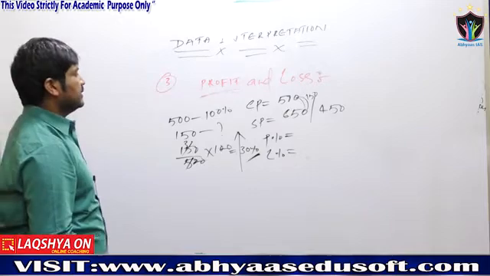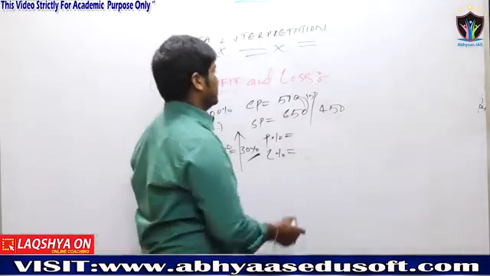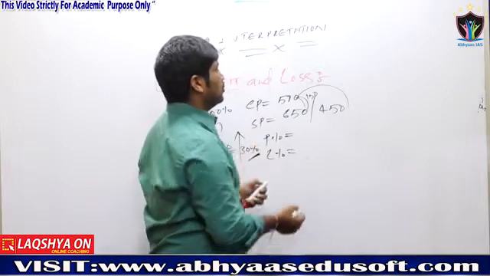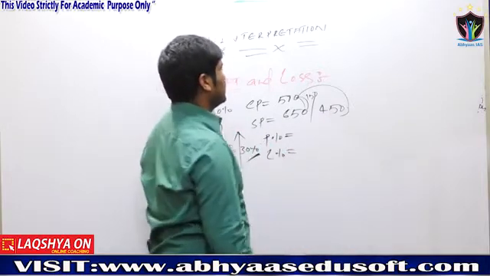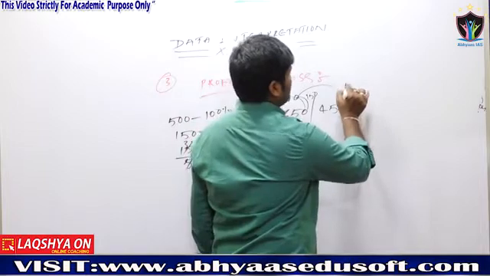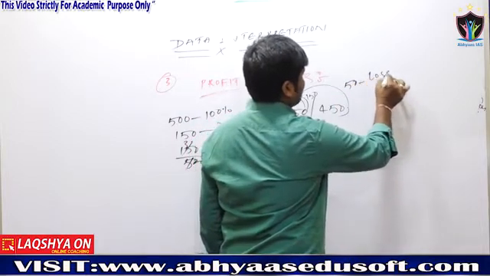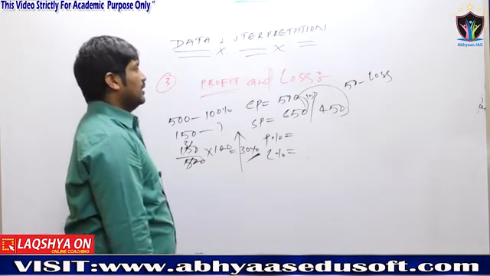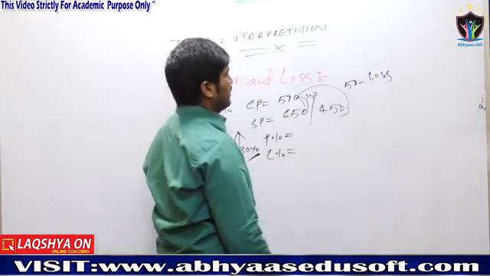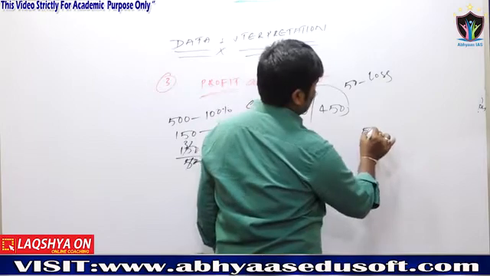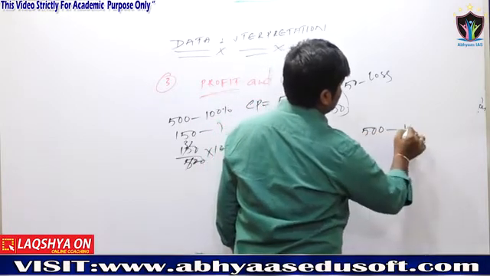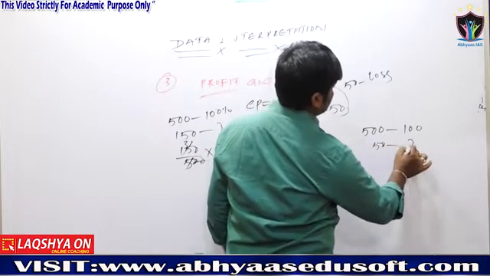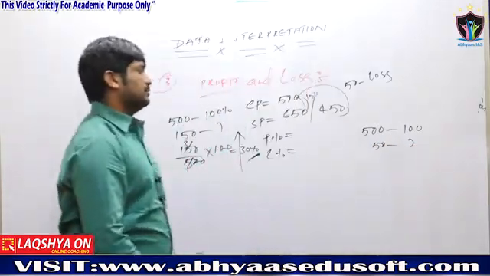In the same style, if we purchase an article at 500 and sold it at 450, then obviously we are getting 50 rupees in loss. Then how can we calculate the loss percentage? 500 is equal to 100%. Then 50 is equal to what?